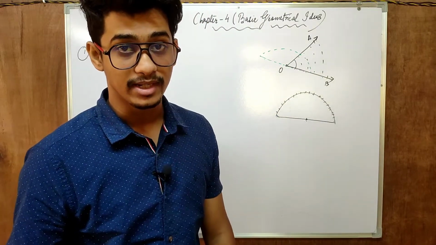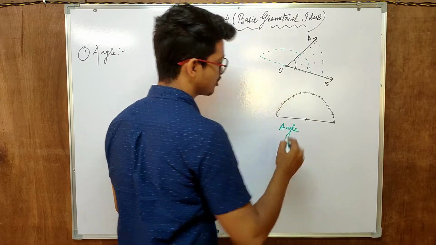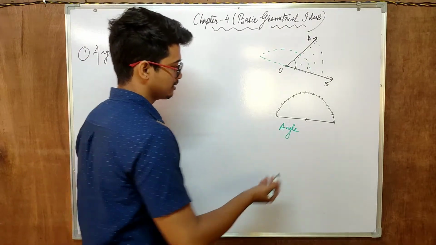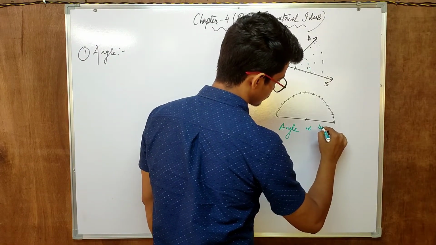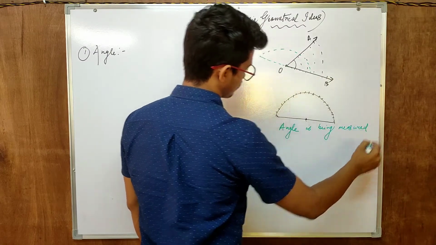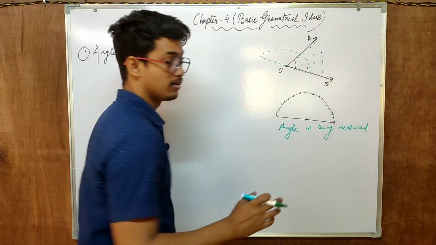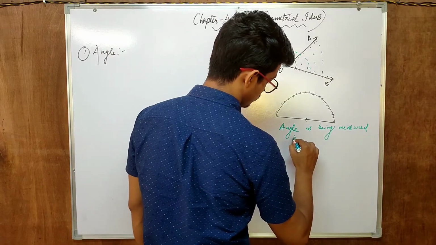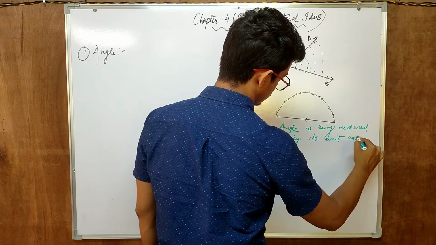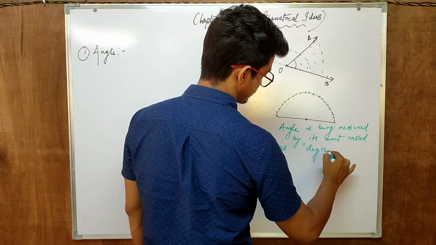So what does it mean? This is extra knowledge that I am sharing with you all: angle is measured by its unit called degree.